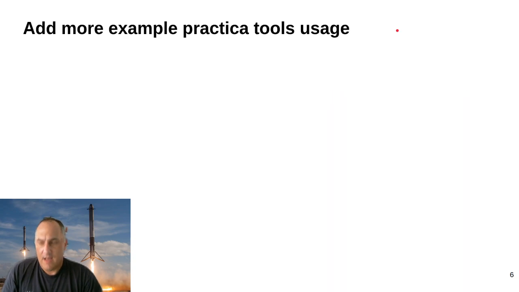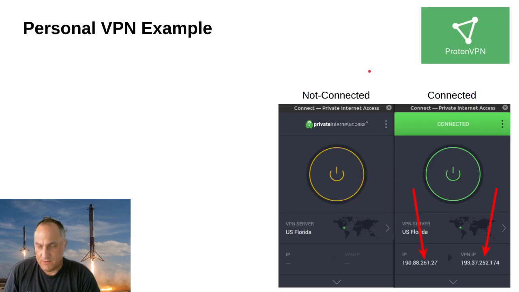As an example of how this would work, when you have the software running on your computer, you will see that this is a snap, and I'll show you a picture of how this works. On your computer, you would have, in this case, Private Internet Access, and Proton VPN also does the same thing.